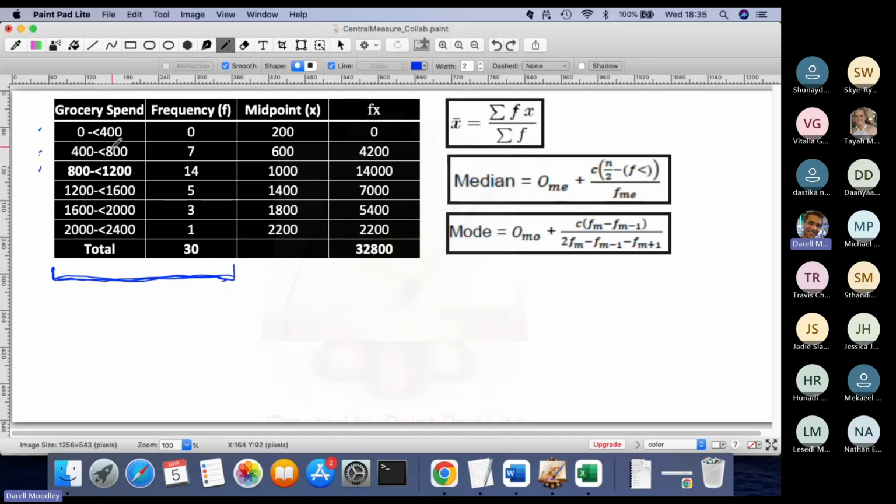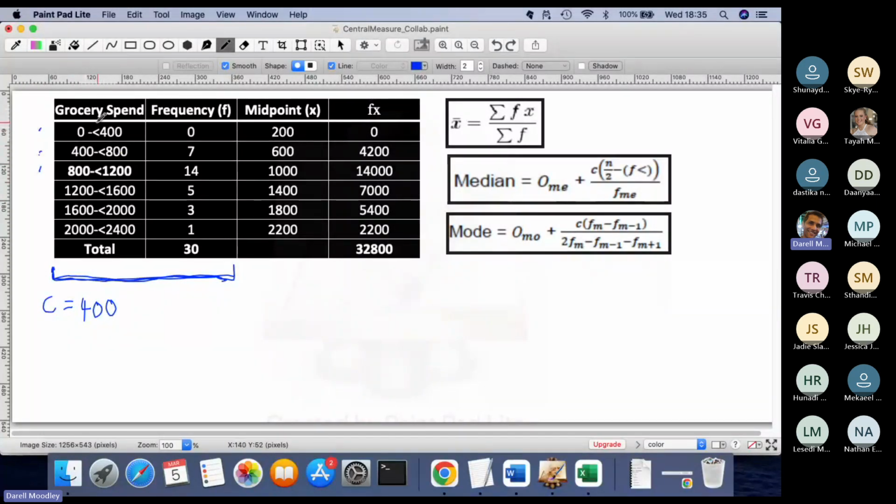You're going from 400 to 800, so if you subtract 800 minus 400, that width is still 400. And what you'll find for grouped data is the width is always the same going down the rows. It doesn't change. So the class width, which we represent by C, is 400. And I'm mentioning this because we're going to use this number. That's why I'm showing it to you now.